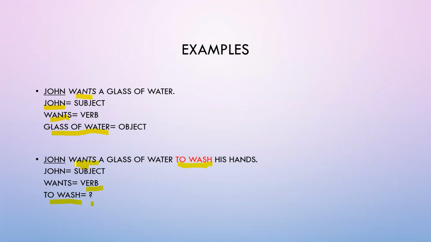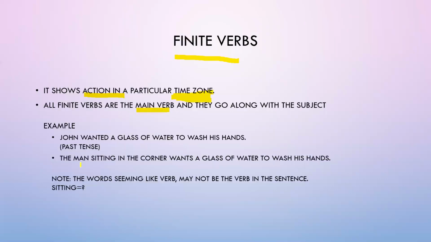They go along with the subject, just like John wanted a glass of water to wash his hands. Here want has changed its form to wanted as per the subject. So this is past tense.